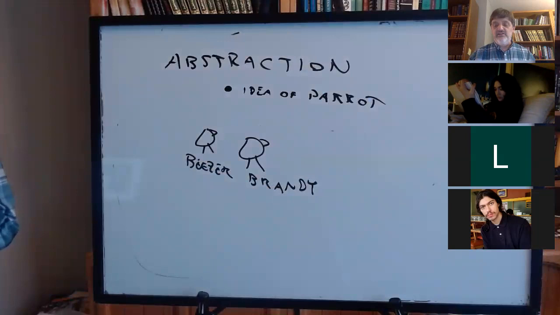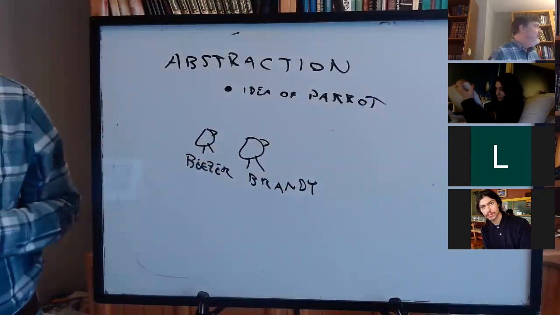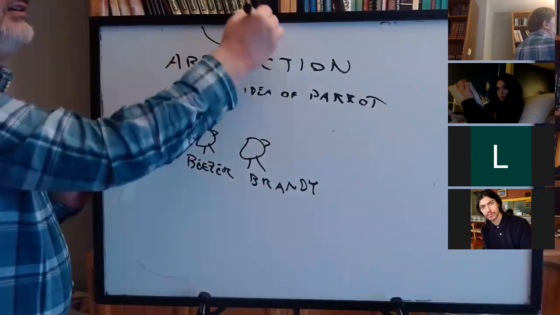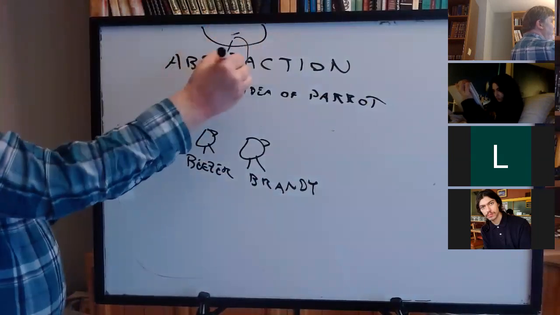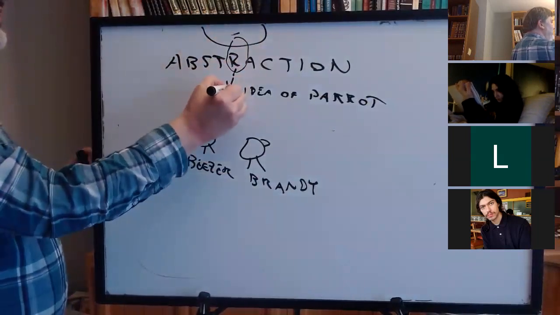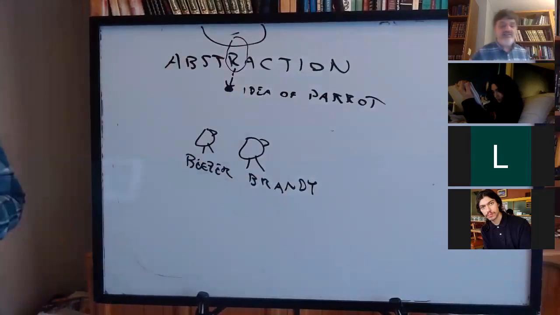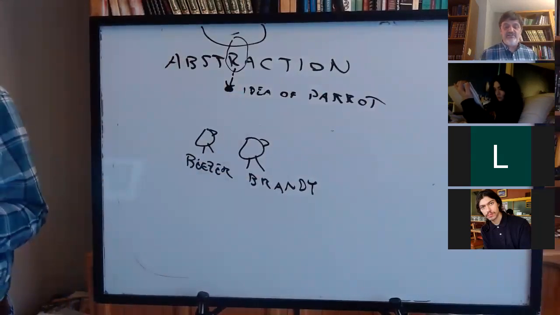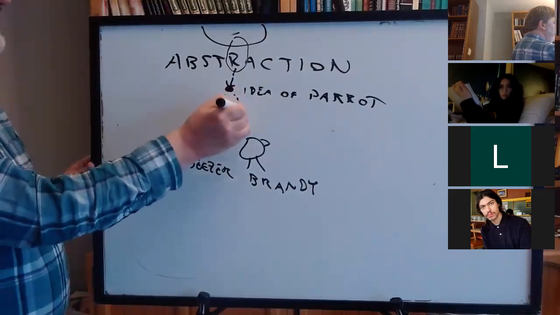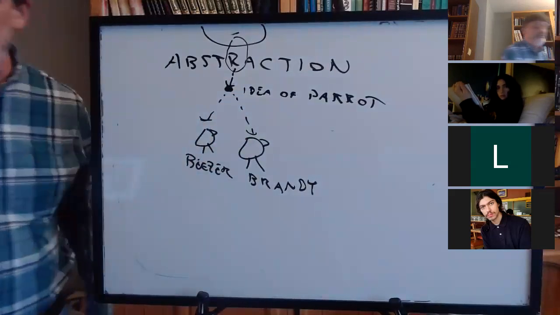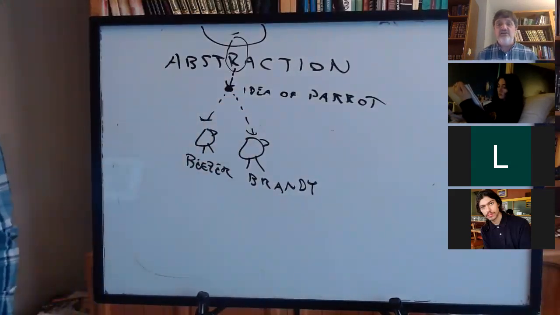We're not talking about perception anymore, obviously. We're talking about a more complicated mental operation, but somehow or other, the mind can have either or both of them as its external object by way of this abstract idea of parrot.